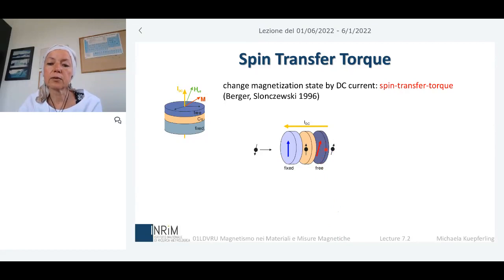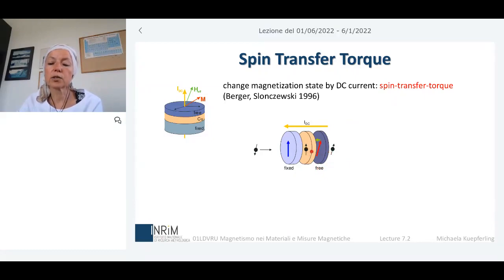If the free layer were a fixed layer, the electron would get polarized again, but the free layer is free to move. So there can be a transfer of angular momentum. And this is what happens.